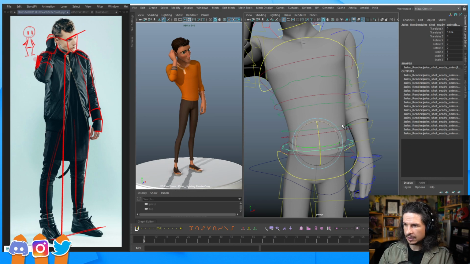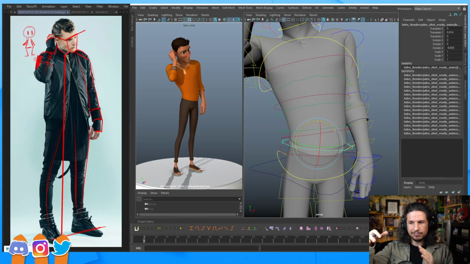So pull this over. And now we get a little bit more of a sharp bend in there versus just a boring round curve. We're trying to make it a little bit more interesting.